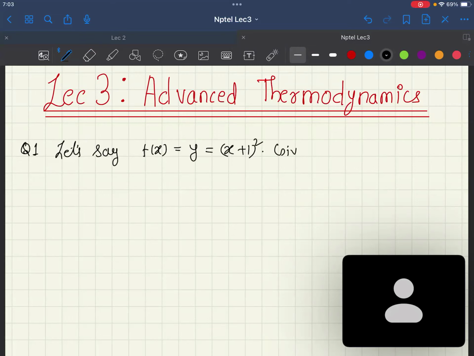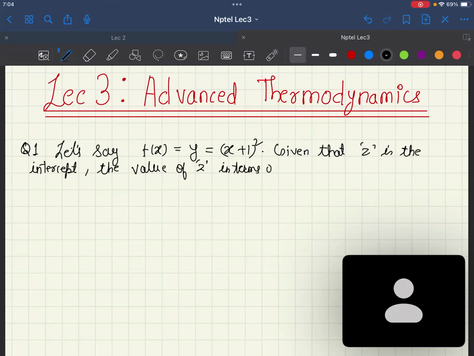Now given that z is the intercept, the value of z in terms of x is, so there are four options. Let me just write this down, then I will explain what is asked.